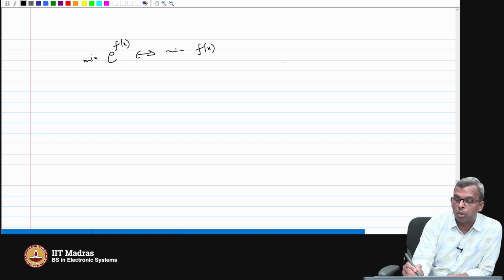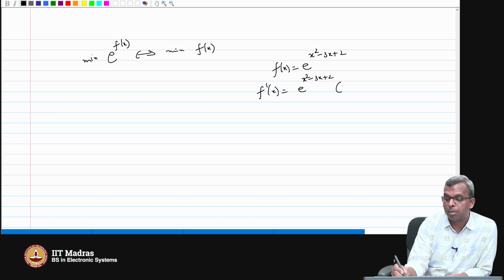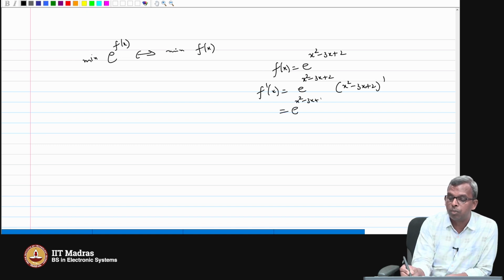In particular, if you look at this function e power x squared minus 3x plus 2, if you do f prime of x, you are going to get the same thing. I am using the chain rule: e power x squared minus 3x plus 2 times 2x minus 3.